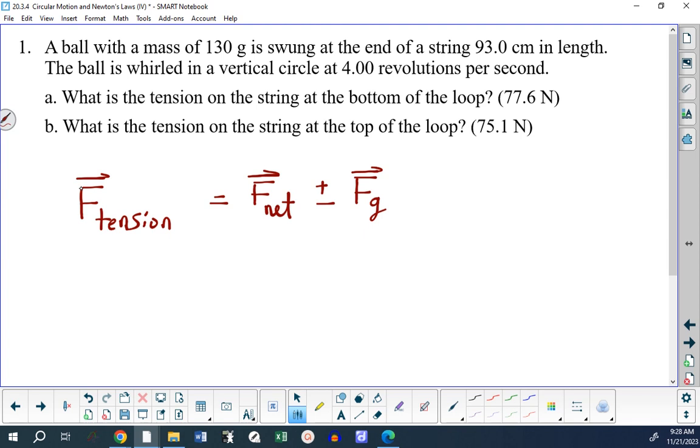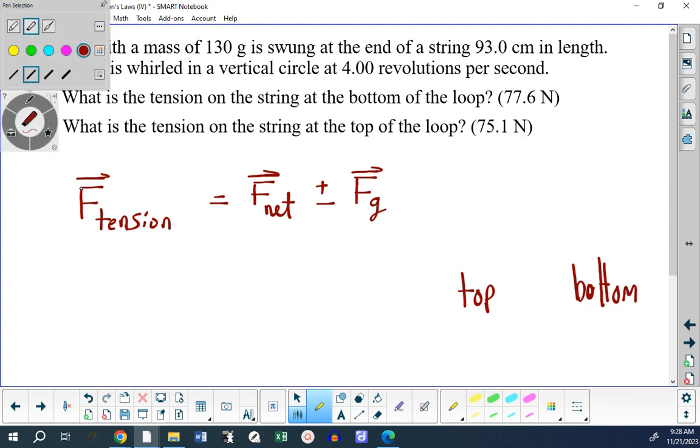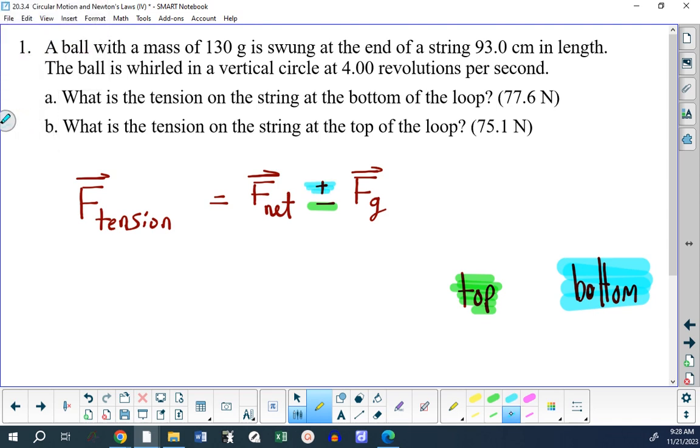So when it's at the top of the orbit, you're going to use the minus, but when it's at the bottom, you're going to use plus, because when it's at the bottom, you're trying to pull it up to get it to curve upwards, so you're applying a force towards the center, which is above where the object is.